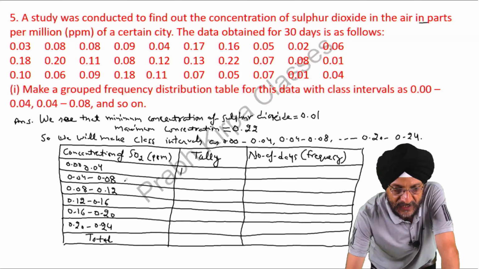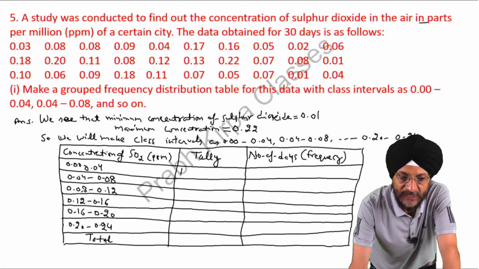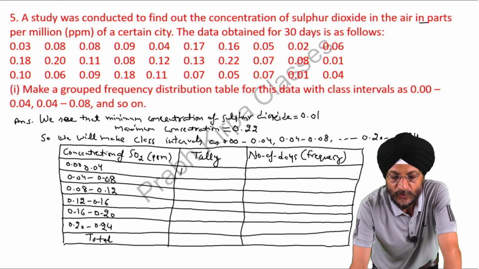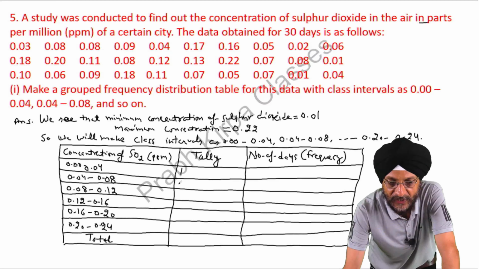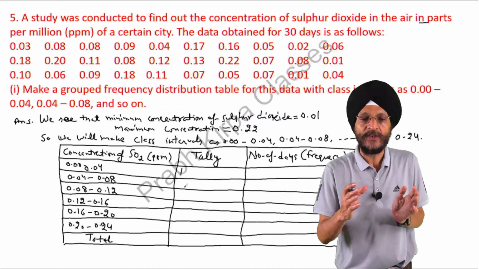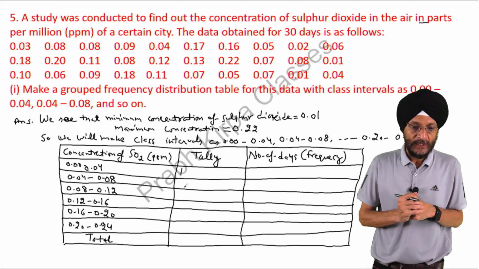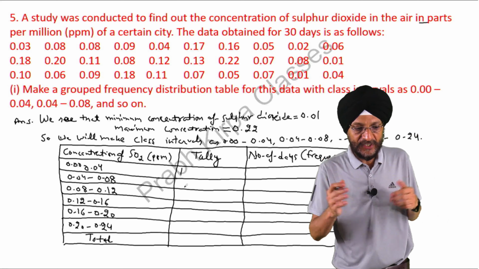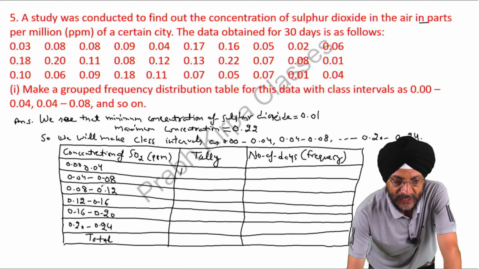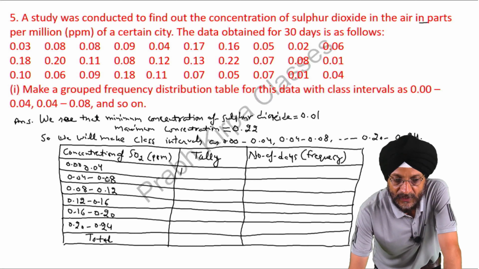If we count it in the second class interval, then 0.08 is also appearing in the third class interval, so it will be counted again, resulting in duplication of data, and our answer will become incorrect. So as a matter of tradition, we count it in the next class interval.